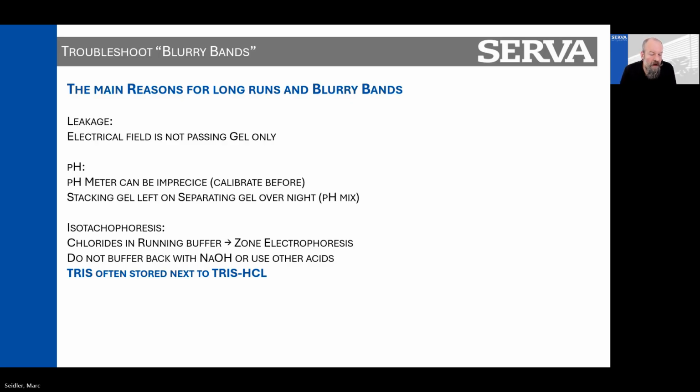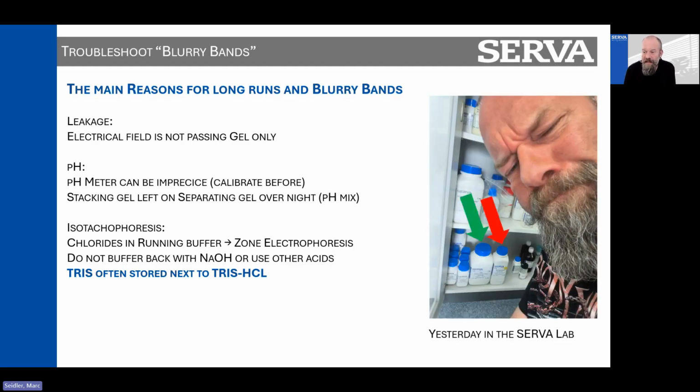So why should one get chlorides in the buffer? Well, often the tris is stored next to the tris HCl. And you can, by chance, grab the flask of tris HCl. So avoid this. Only use the tris base. Yeah? And I must admit that when I looked at the Serva chemical storage, they were indeed standing side by side, the tris and the tris hydrochloride.